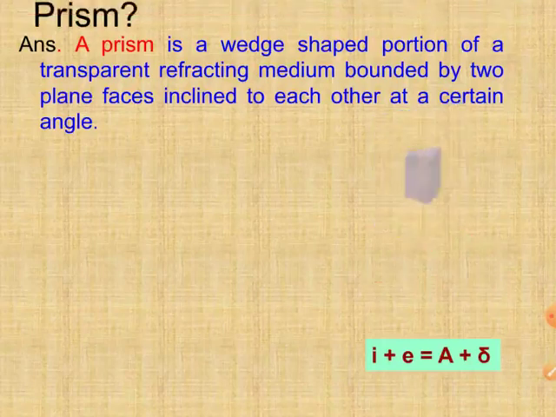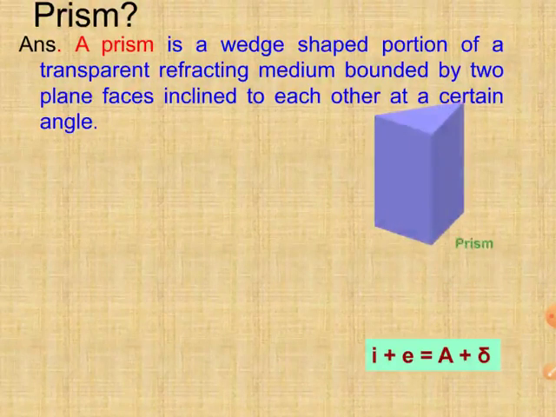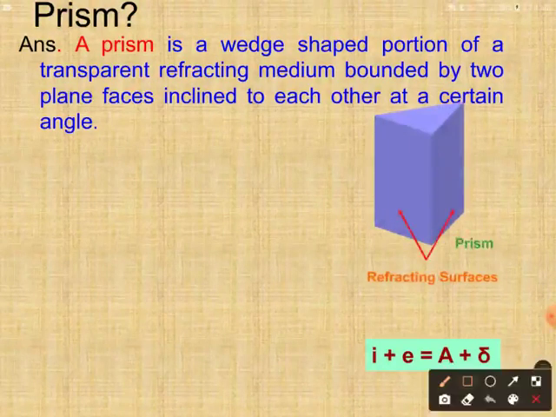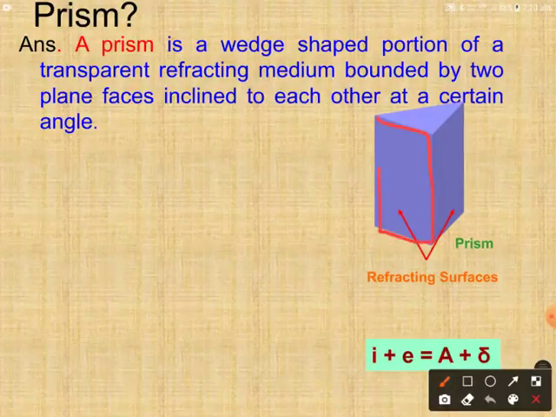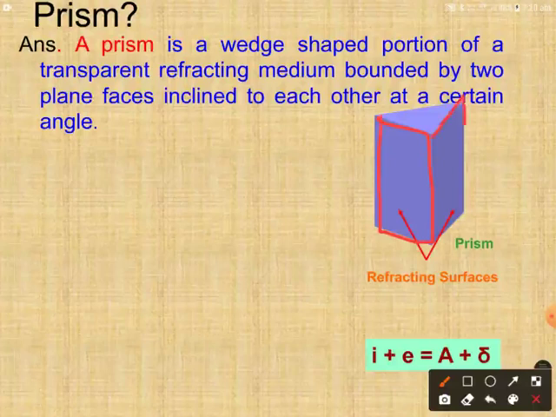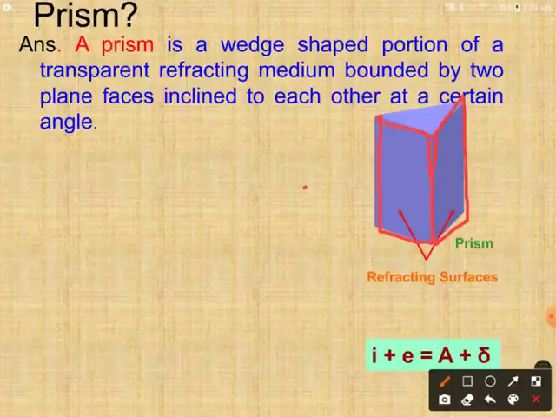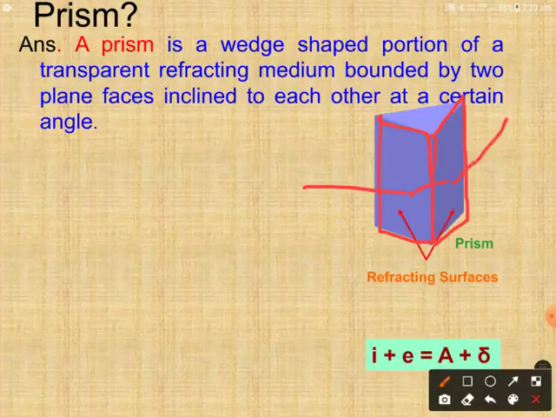Suppose, rather I will do it like this. Suppose this is one of the plane refracting faces, and this is also one of the plane refracting faces. If a light ray passes through here, and then it will pass through here like this, and then it will be emerging out here like this.